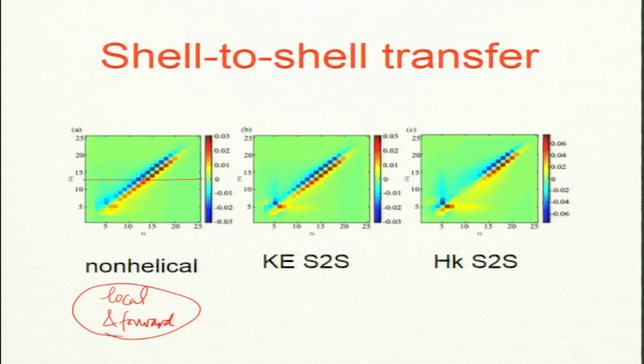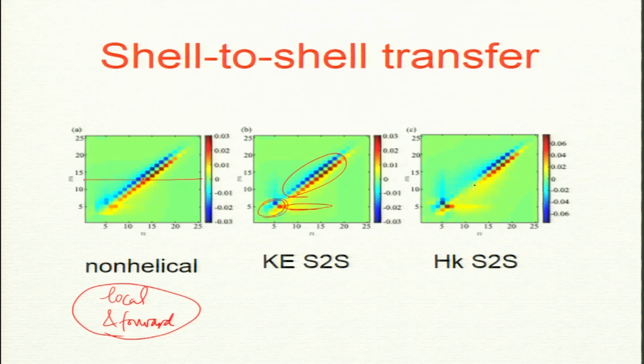Now kinetic energy with helicity is essentially the same in this region, except maybe you can see something happening here. Can you see the red yellow thing? There is some non-local thing, but that is the forced range, the forcing is somewhere here. That is not the inertial range, but in the forcing region there is some helicity effect.